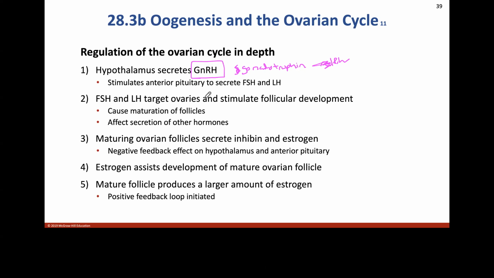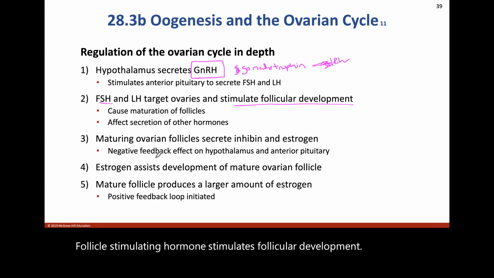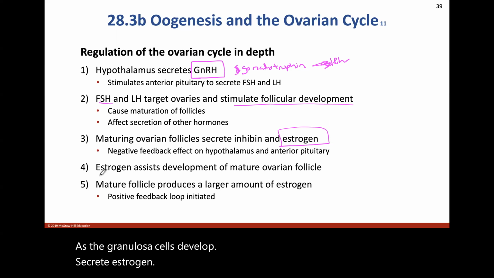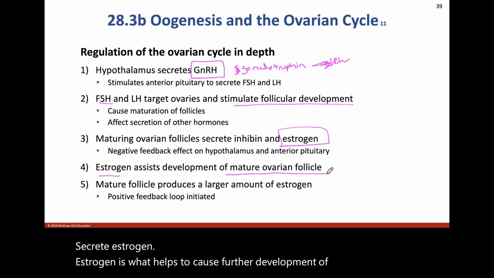Follicle stimulating hormone stimulates follicular development. As the granulosa cells develop, it secretes estrogen. Estrogen is what helps to cause further development of that follicle and is a positive feedback mechanism.